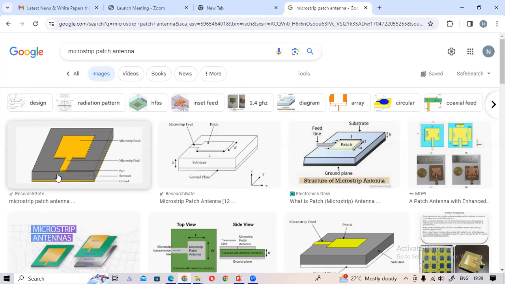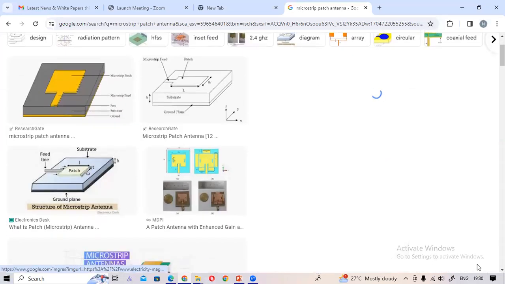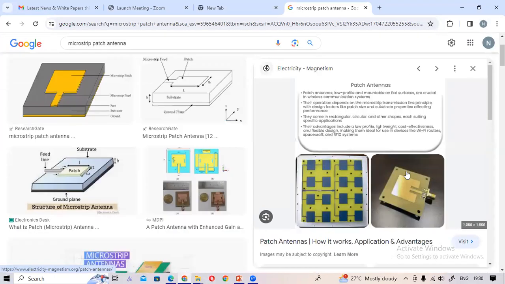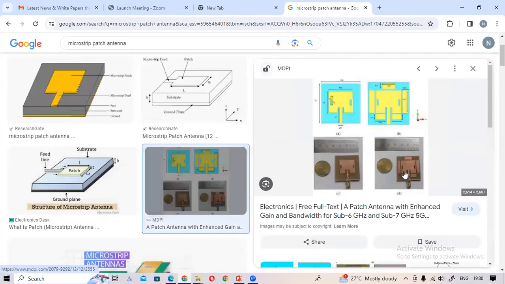If we feed the signal using a signal generator, for example, this one is a microstrip antenna.